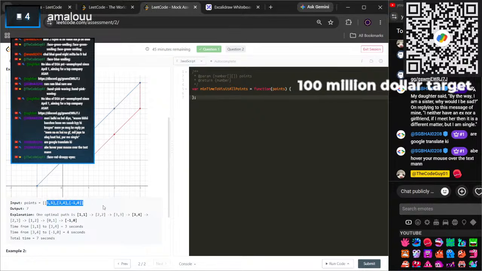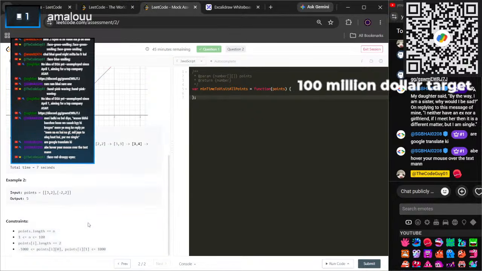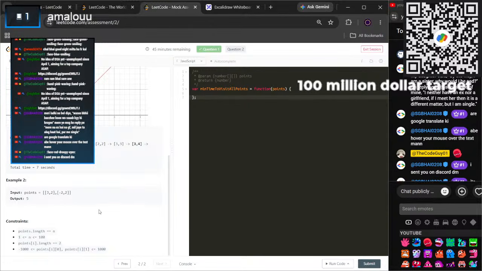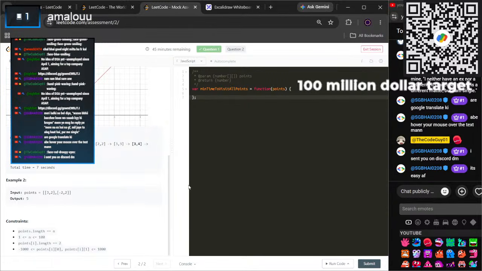How to do this? How? One optimal path is 1 comma 1, 2 comma 2. How will it lead me to the answer? I can't open right now.